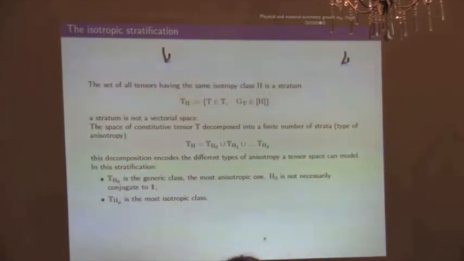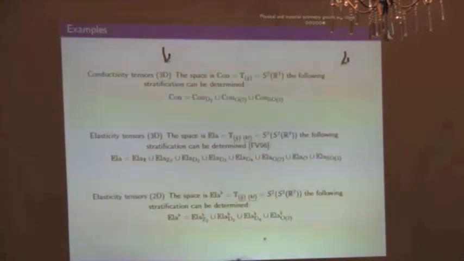If you take a vector, the most general vector is always invariant around itself. So for a vector, the least symmetric class is O2 according to rotation, and the most symmetric class is the null vector, so it's free. So here is some decomposition, some stratification.